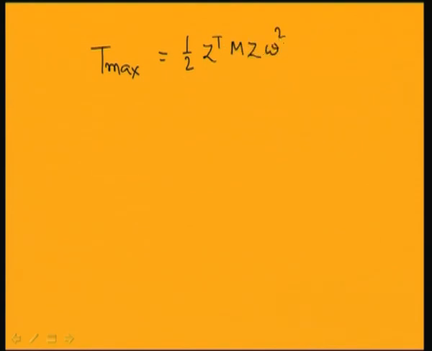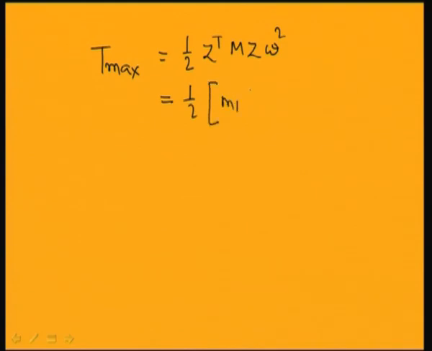So, as it is equal to V transpose mv, and velocity can be written in terms of the displacement, that is omega Z. So, by substituting that you can write T max, that is the maximum kinetic energy of the system, equal to half Z transpose m Z omega square. Similarly, if I choose this Z matrix in such a way that it will yield a unity matrix, you can write it this way. In that case this will be equal to half m1.